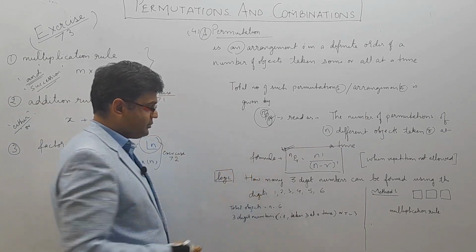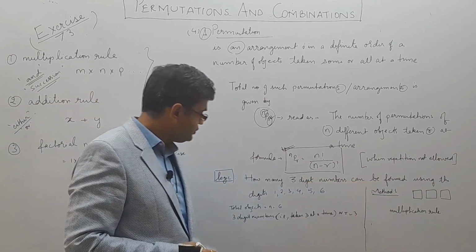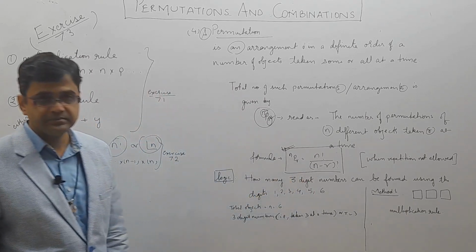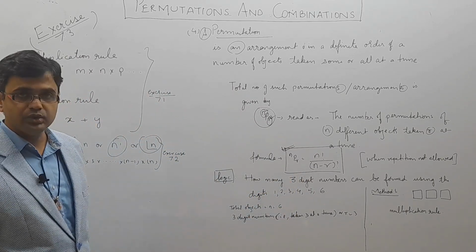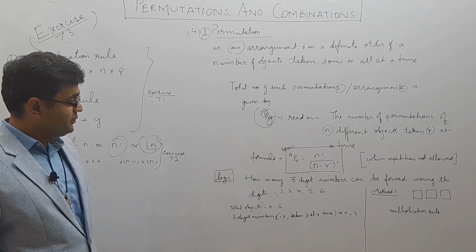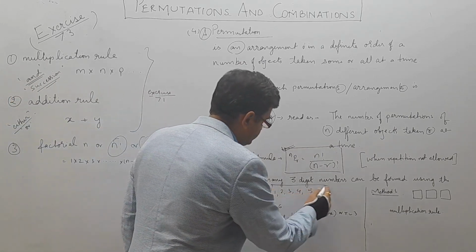How many 3-digit numbers can be formed using digits 1, 2, 3, 4, 5, 6? This is a question you can very easily do with the help of the multiplication rule. But let us understand the wordings of this question.